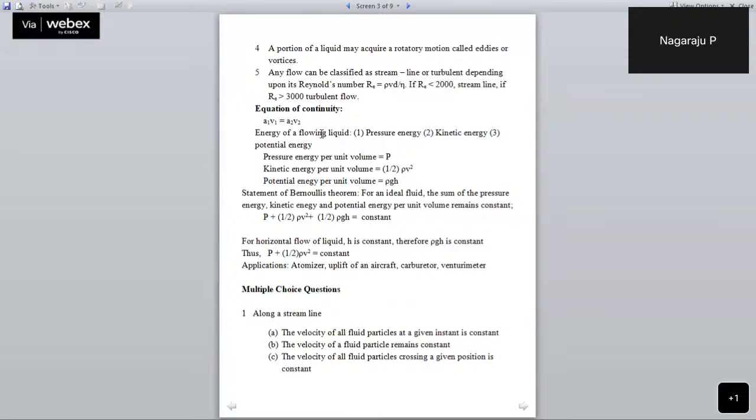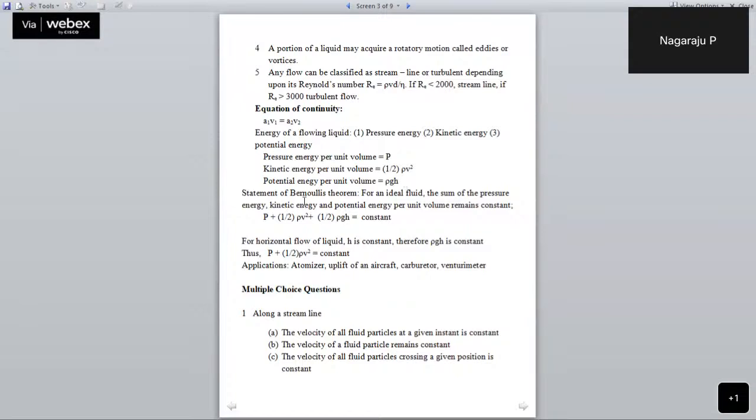Instead of writing half m v square, here we write half rho V square because it is per unit volume. Similarly, the potential energy per unit volume is written as rho g h. Rho is the density, g is the acceleration due to gravity, and h is the height.